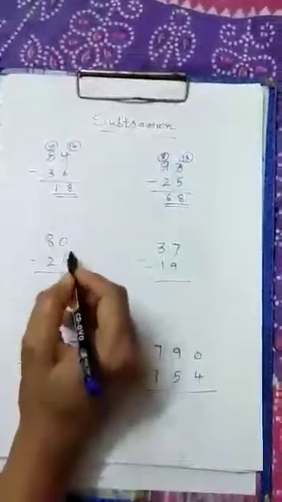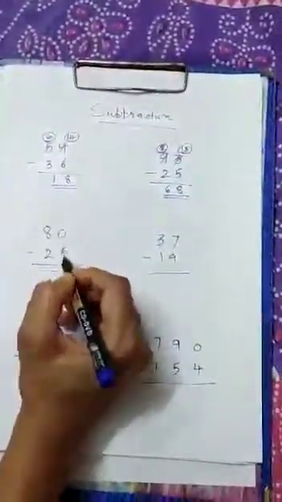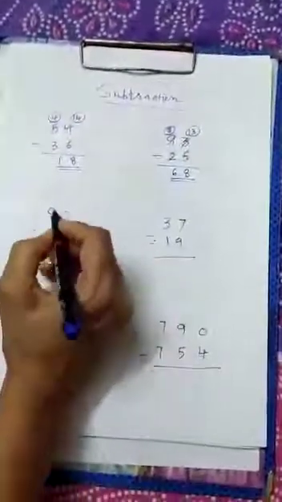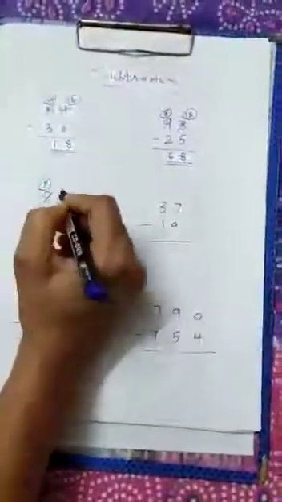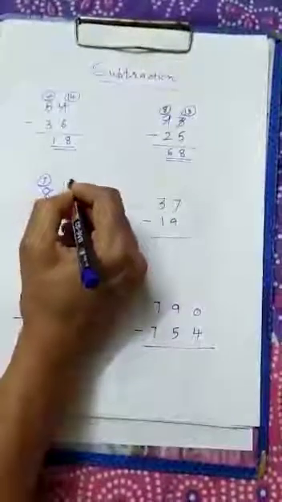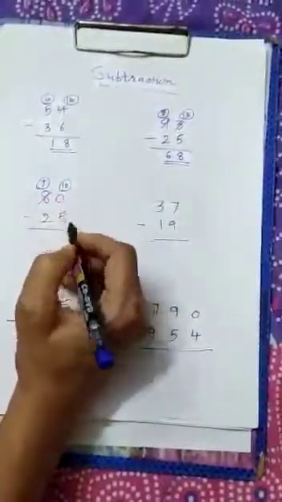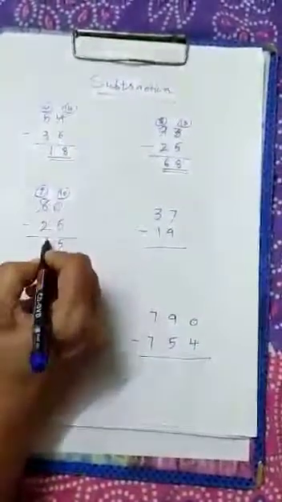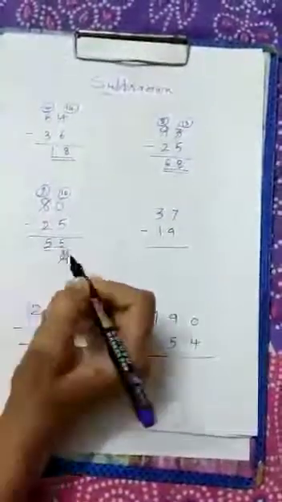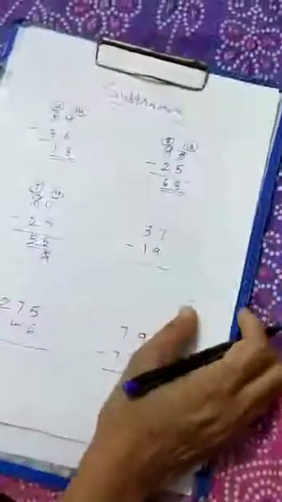So if we don't have anything, it means 0 minus 5 we can't do. So that's why we have to borrow from 8. Here we will write 7, and here we will write 10. 10 minus 5, 5, and 7 minus 2, 5. So 55 will be the answer.